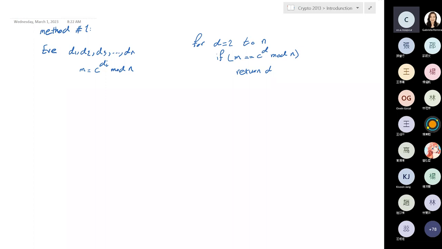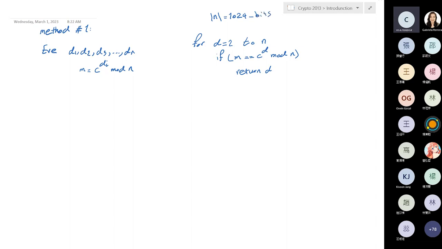And then, let's see how long it will take for us to run this for loop. Normally in RSA, today we would choose the RSA to be quite long, at least 4,000 bits. But let's just imagine that it is 1,024 bits.